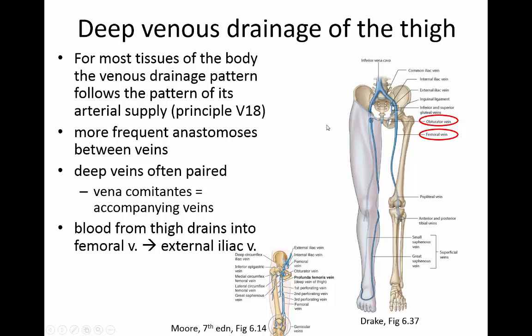The only superficial venous drainage in the thigh is the great saphenous vein, which travels medially from the dorsum of the foot up the medial leg and travels along the medial thigh, draining into the femoral vein in the femoral triangle.